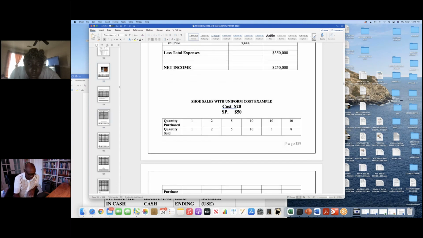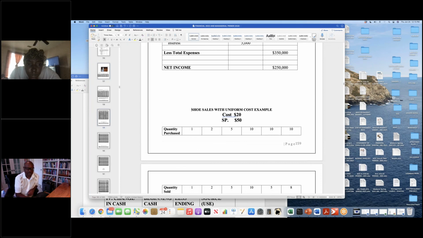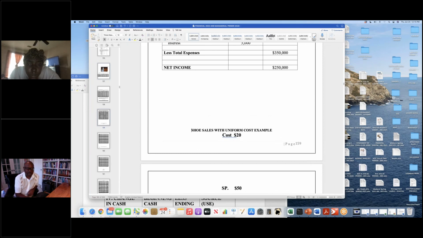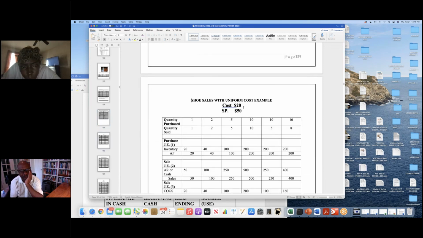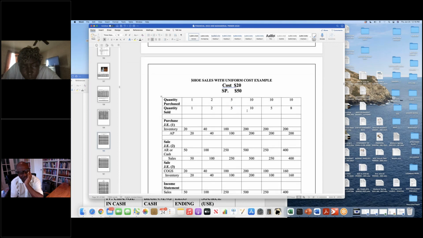Okay, so let's assume that you bought 1 pair of shoes for $20 and you sold them for $50. When you buy the shoes, you debit inventory and credit accounts payable $20.